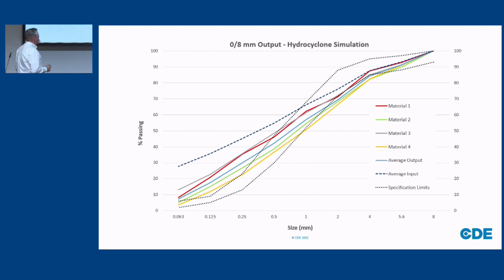As you can see, still way outside the band limits, and not very consistent, not very appealing to a concrete producer. If my truck was coming down with a load of sand to produce concrete, the producer is going to be thinking, which sand am I getting today? I have to adjust my concrete washing plant and change the mix. That's problematic, again lowering the brand value of recycled material.